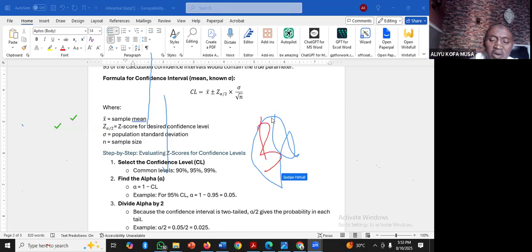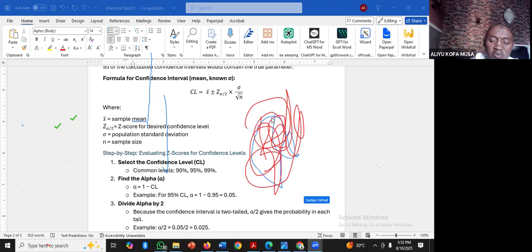What does 90% mean? It's 90 over 100. So you can't subtract 90 from 1, you will have minus 89.